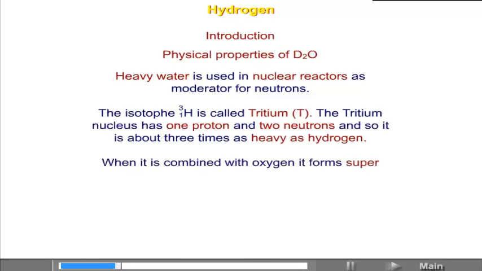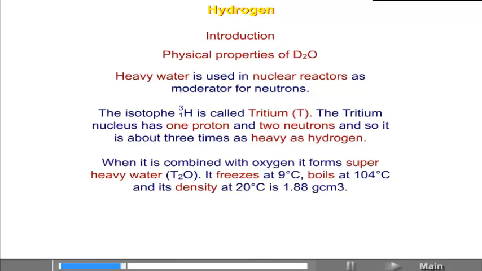When it is combined with oxygen, it forms super heavy water T2O. It freezes at 9 degrees Celsius, boils at 104 degrees Celsius, and its density at 20 degrees Celsius is 1.88 grams per centimeter cube.